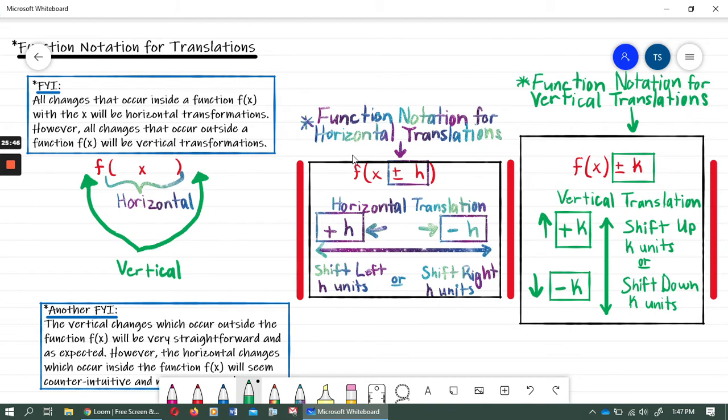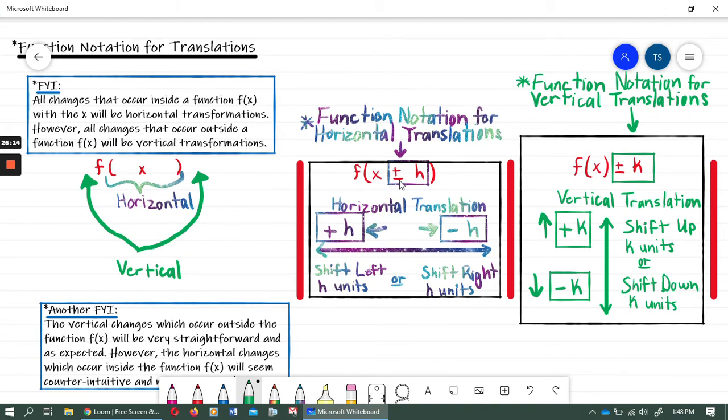Okay, so guys, let's take a look at the function notation for horizontal translations. That function notation is where you have changes happening inside of the function with the x.